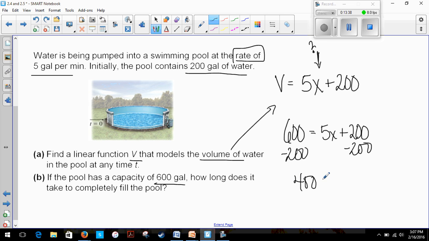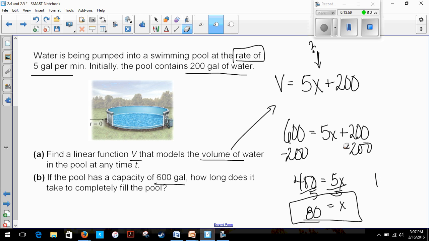If I subtract 200 from both sides, and then divide both sides by 5, we can see that it's going to take 80 minutes, that's a long time, to fill up this pool. Or an hour and 20 minutes, right? Because there's 60 minutes in an hour.